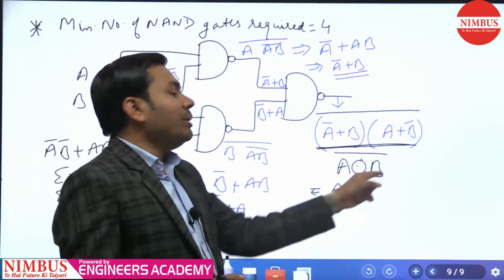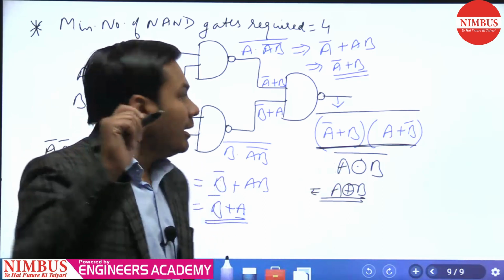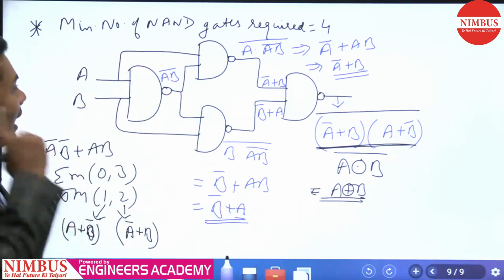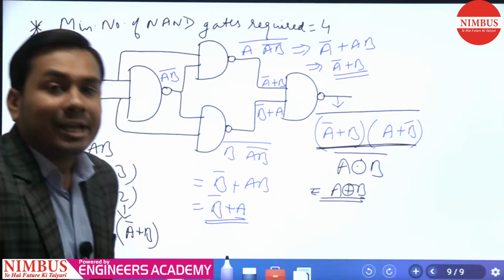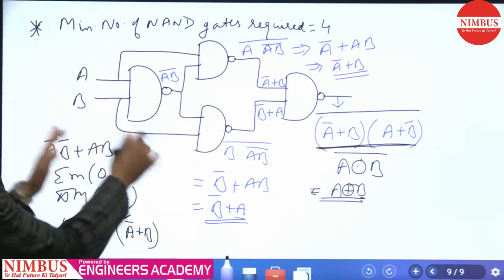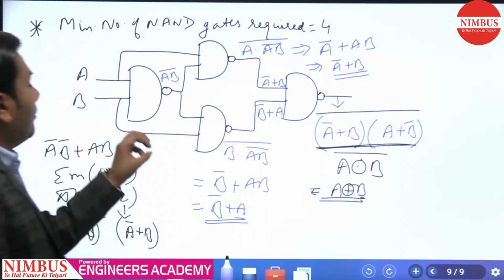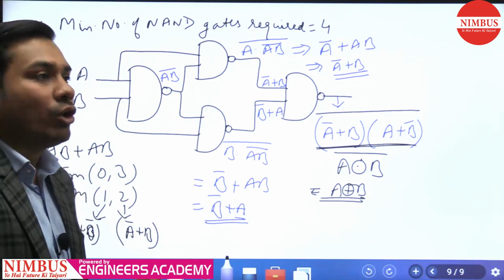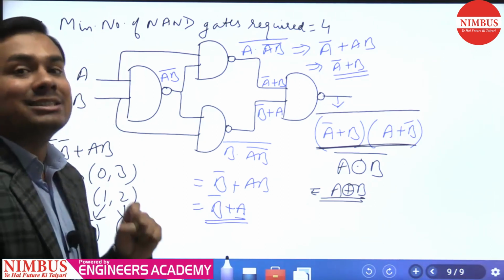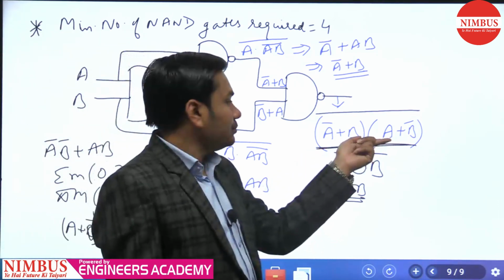The important thing is that for the XOR we have a requirement of 4 NAND gates, but if I am talking about the minimum number of NAND gates required for the XNOR gate, we are having a complement of XNOR here, right?